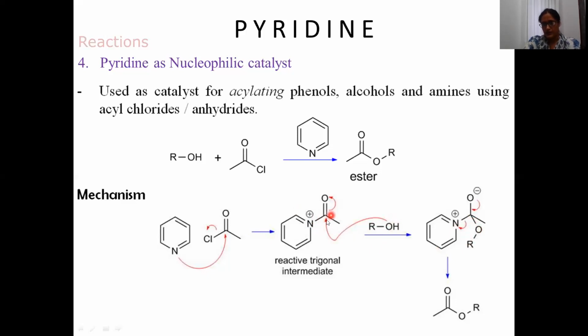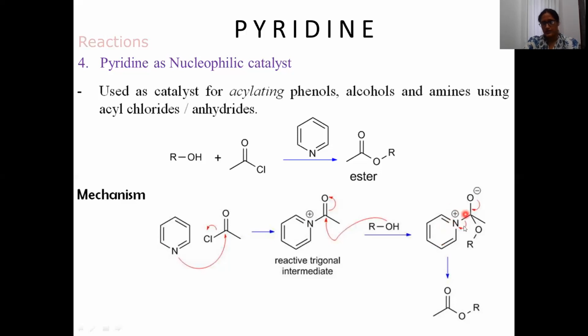After that, whenever this bond is formed over here, this pi bond will break and the oxygen contains the negative charge. Whenever this negative charge again forms the double bond over here, then this carbon will be unbalanced, and over here this nitrogen and carbon bond will break and pyridine is released, because it was used only for the catalysis process.